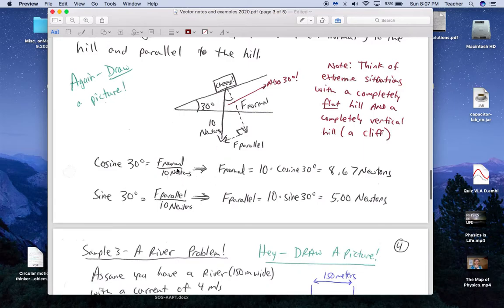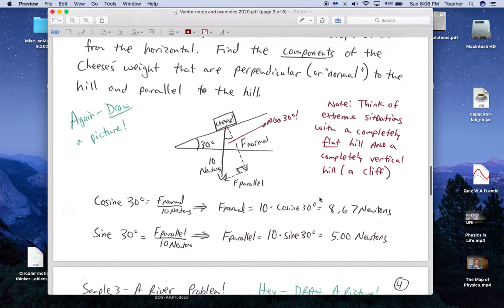If I rearrange that, F normal equals 10 times the cosine of 30, which is about 8.67 newtons. If I want to find this parallel component, which would cause the cheese to slide down the hill, I have the same idea, but since the trig function for this is opposite over hypotenuse, that's the sine of 30 degrees. So the parallel component is 10 times the sine of 30, which is 5.00 newtons.